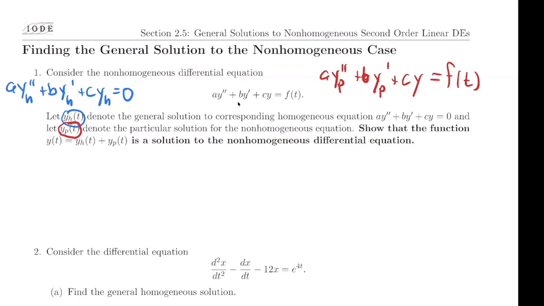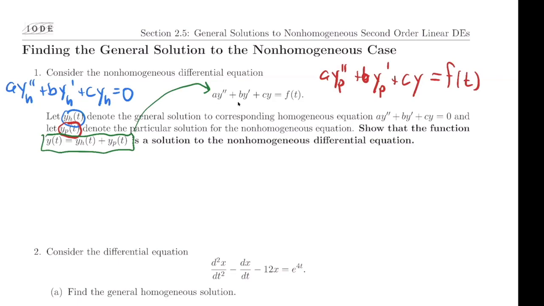Good. And so now what we want to check is what happens when I try plugging this into the original differential equation over here. Because derivatives of sums break up, we can take the derivative of a sum by taking the derivative of each thing separately and adding them together, so we're going to be able to break this up and collect terms in a nice way.